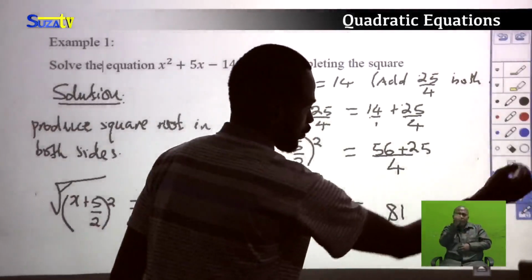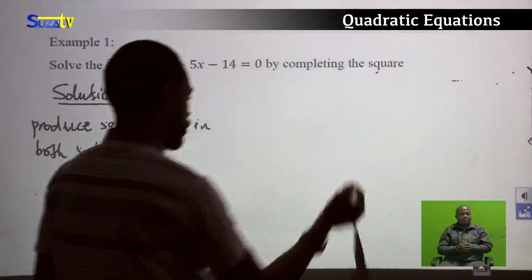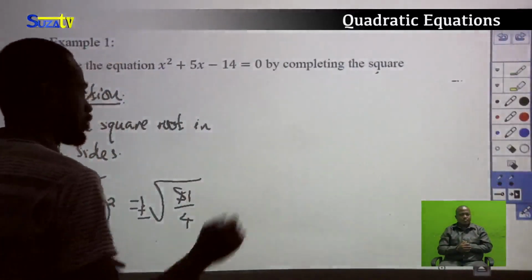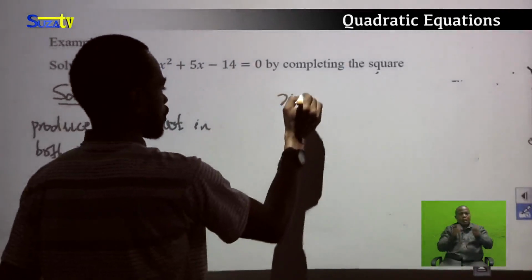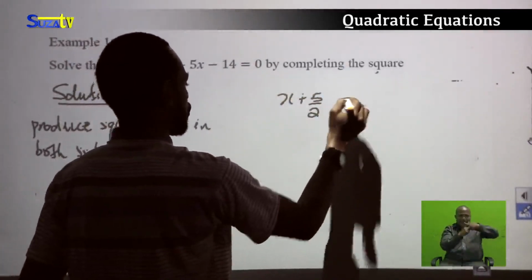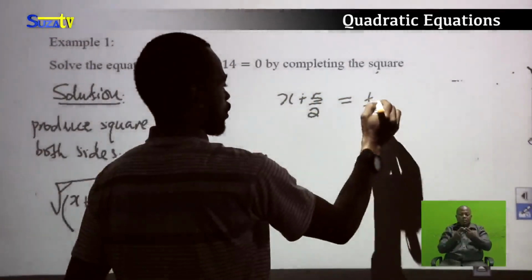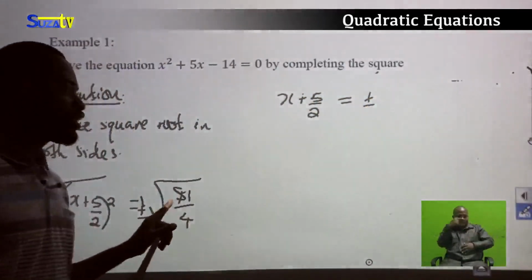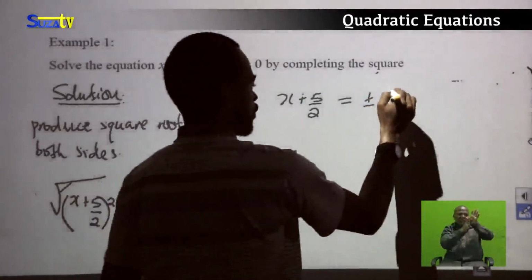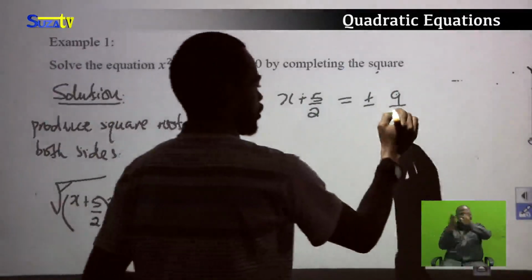What I'm going to have here is only x plus 5 over 2 equal to plus or minus the square root of 81, which is 9, over the square root of 4, which is 2.